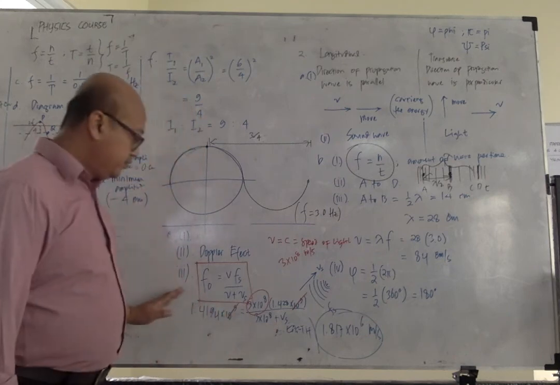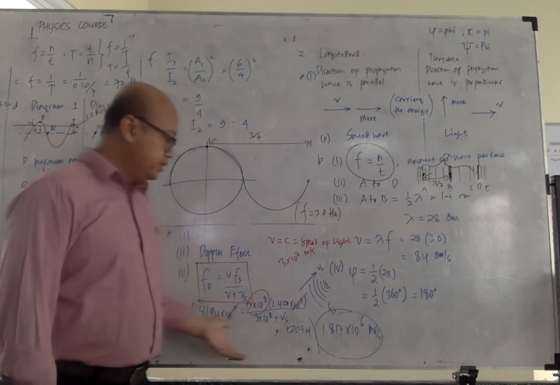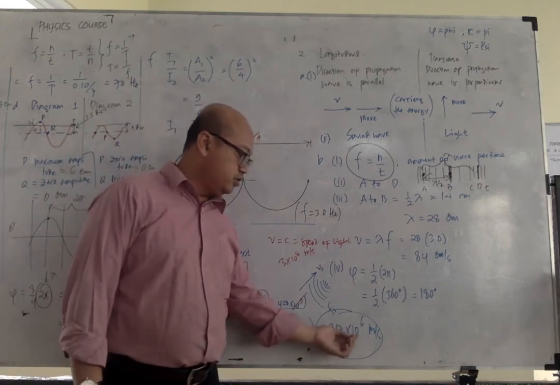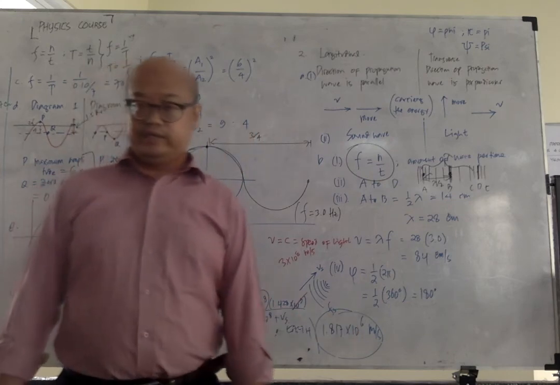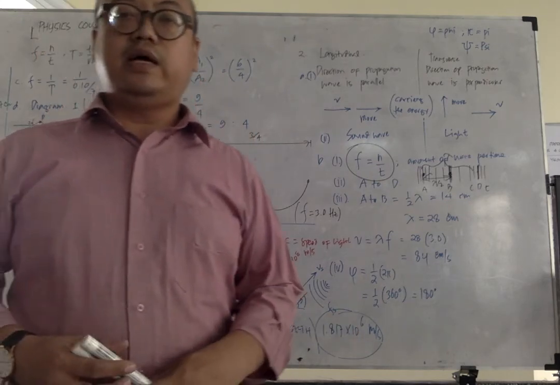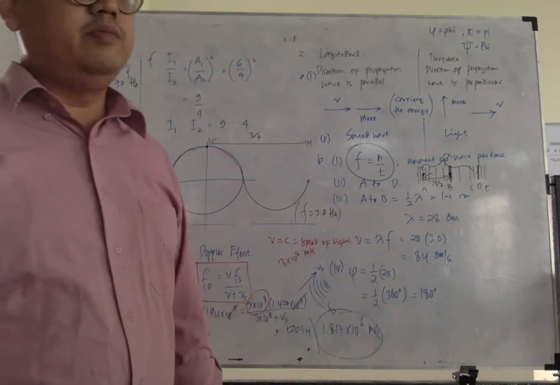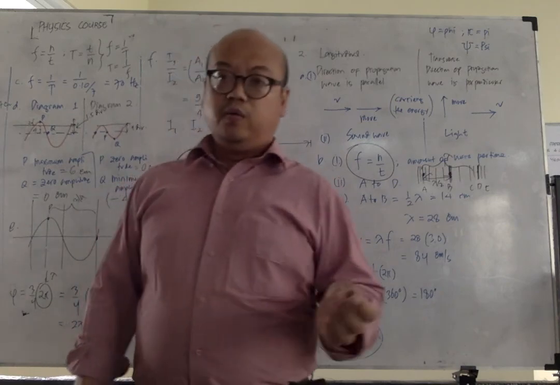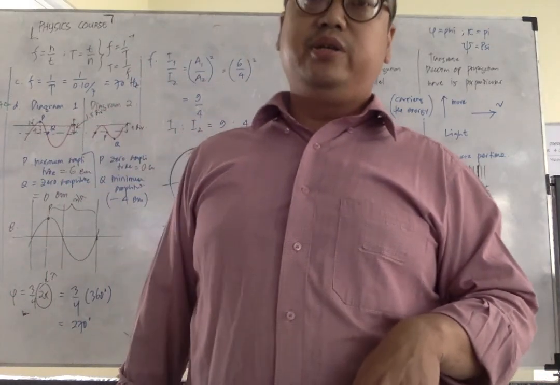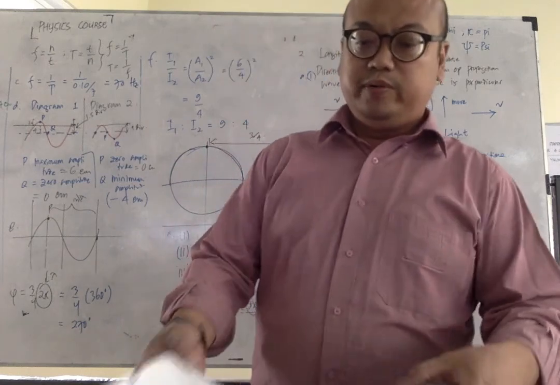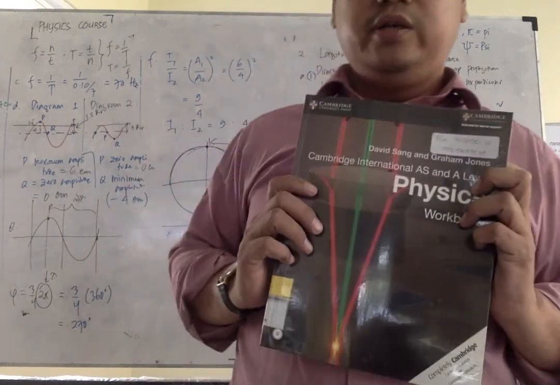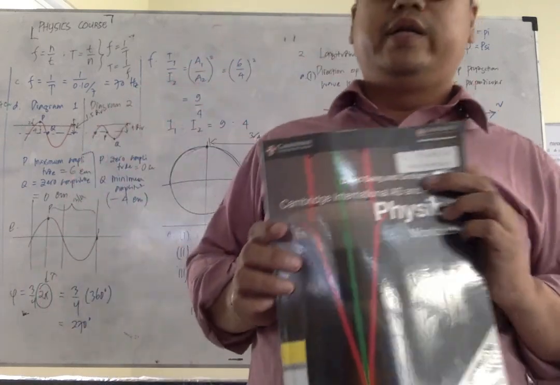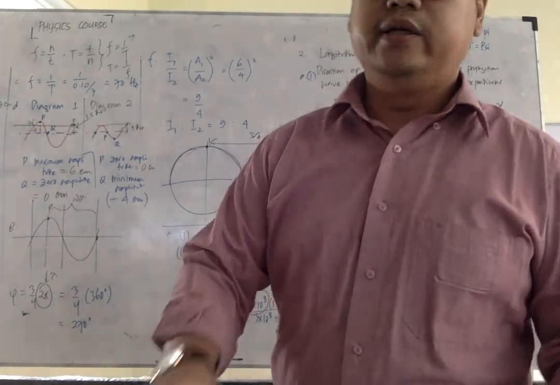After we calculated with my student, we get the speed of the source as 1.817 times 10 to the power of 6 meters per second. That's what I discussed with my student about the wave. Don't forget to see the workbook page 80 in this book, CUP by David Sang and friends.